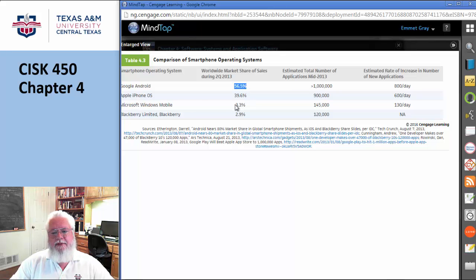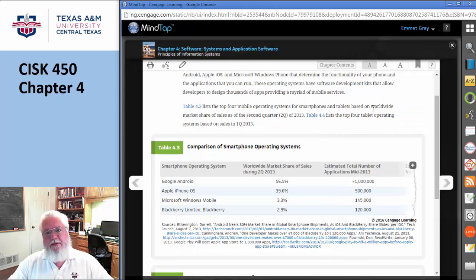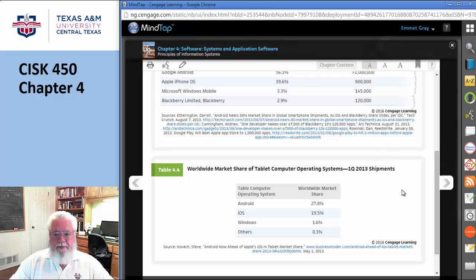And Microsoft Windows, it's struggling. I think they're up to like 4 or 5% now. Whoopee! And BlackBerry, they're hanging in there, but not by much. So essentially, the 2 major players in the world are Google Android and Apple OS. In the U.S., well, then it's pretty much game over with that regard.